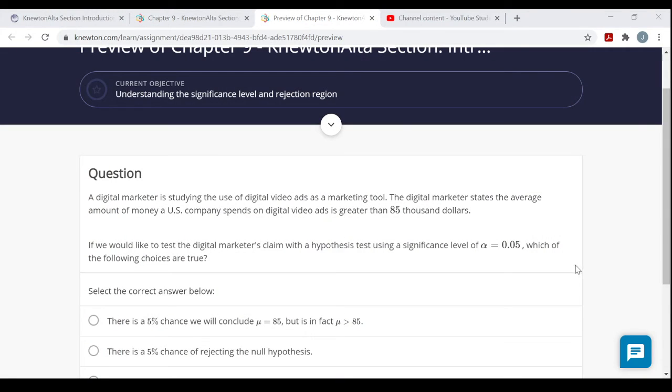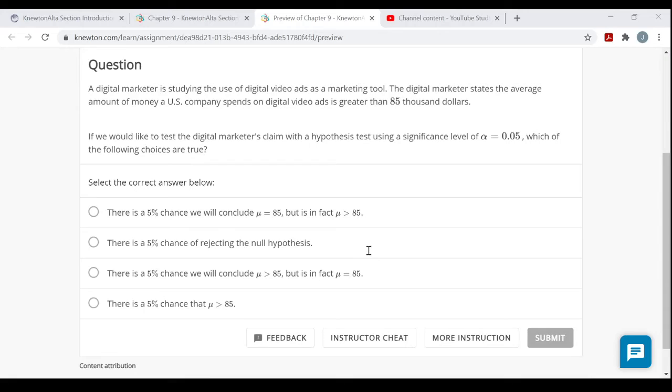So going back, if we would like to test this marketer's claim with significance level 0.05, which of the following choices are true? Which one applies to the fact that the significance level is 5%? So there is a 5% chance we will conclude that mu equals 85, but it is in fact greater than 85.